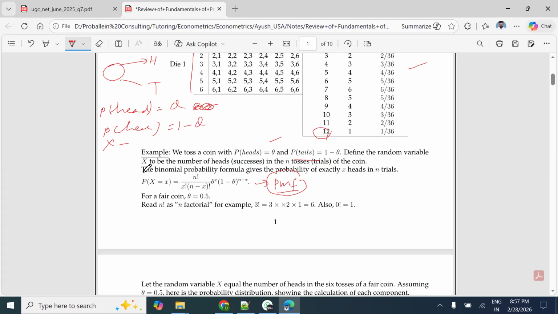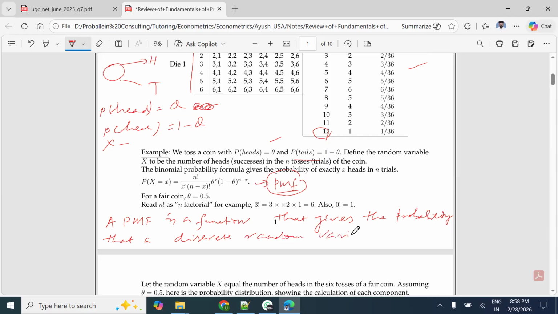A PMF is a function that gives the probability that a discrete random variable takes on a specific value.